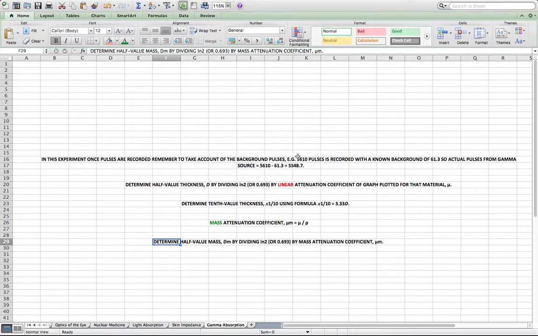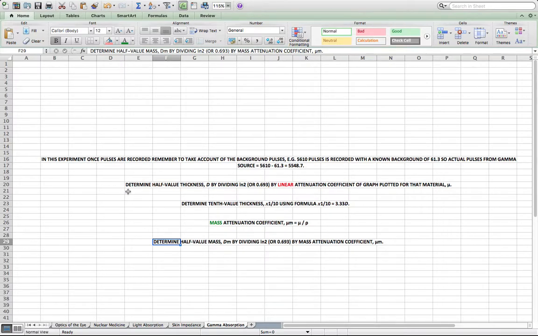So if a pulse is recorded for lead with 5,610 counts, but you know there's a background count of 61.3, you can therefore calculate the count of the radiation source alone by subtracting the background radiation from the source plus background radiation, technically, which you're initially recording, to get this value here.